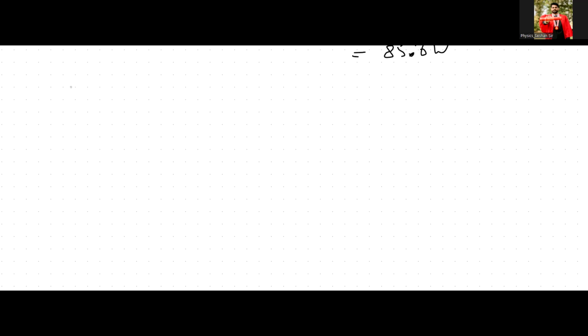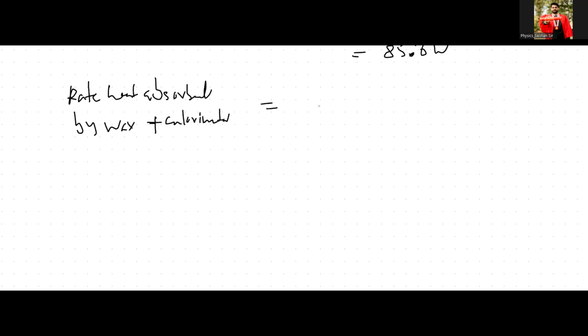Rate of heat absorbed by wax plus calorimeter; this one we already calculated. This is 14.4. Should be equal to what? Here the wax is actually in solid form.